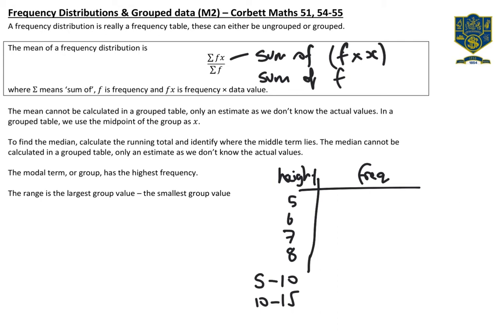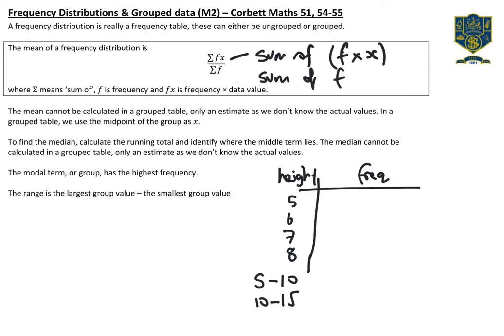So we can only work out an estimate, and we do that by taking the midpoint of the group as our x value. When multiplying frequency by x values, where we've got exact values of 5, 6, 7, or 8, those are our x values, but if we've got 5 to 10, 10 to 15, we use the midpoint as the x value.